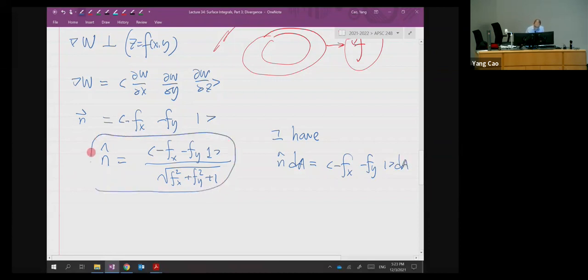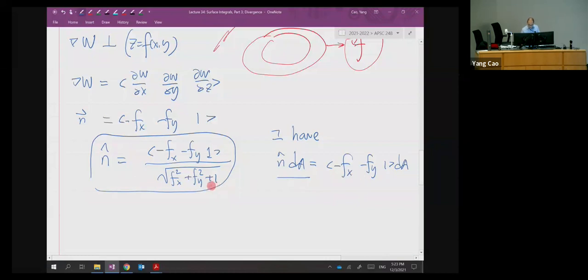Irrespective of whatever we're learning here, the gradient concept is a standalone concept. You have a surface and you want the normal vector to the surface, then the unit normal vector is calculated this way. So you got your n hat, and you got your n hat dA.